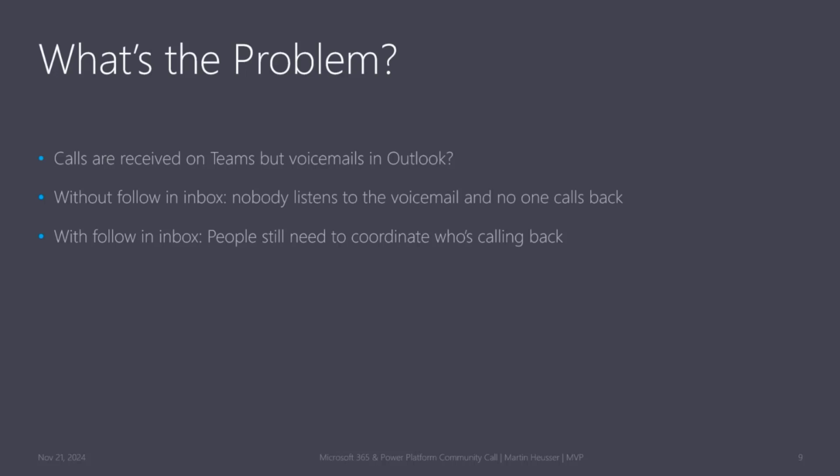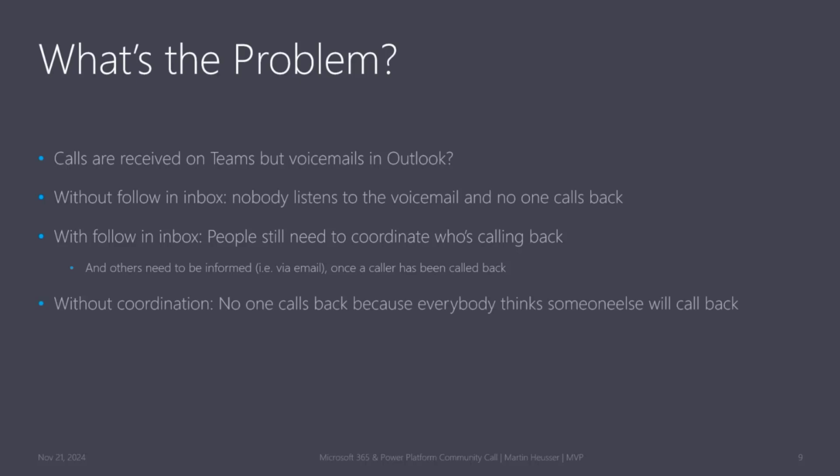And if all the members are subscribed, depending on the team size, like if you have 5 or more people in there, you need to really coordinate who's calling back, and you also need to inform them every time somebody has been called back, because you don't want to be calling back 2 times or more. Or if there are 10 members, everybody will think somebody else will call back, but in the end nobody calls back. So it's not an ideal situation to deal with.